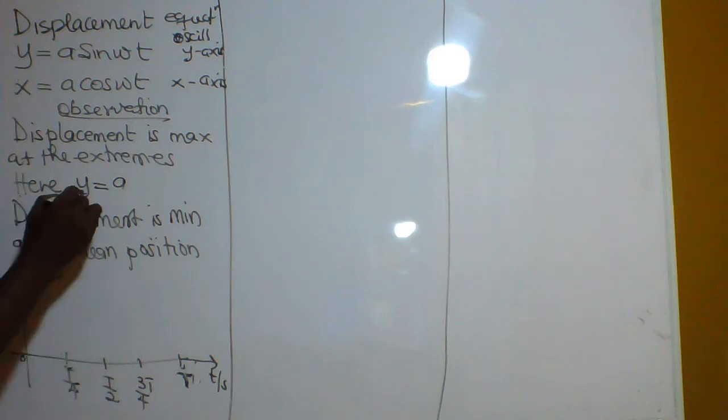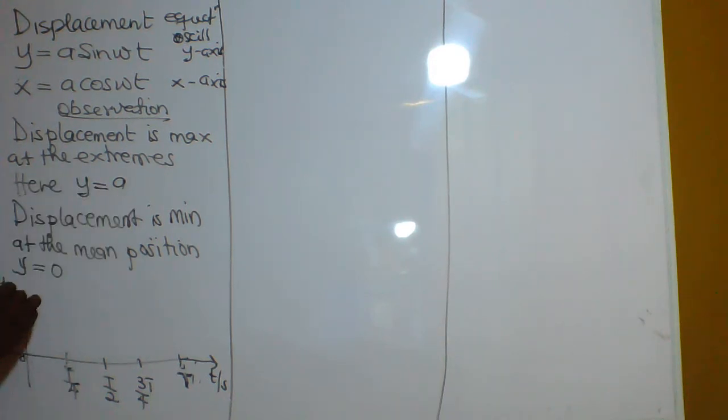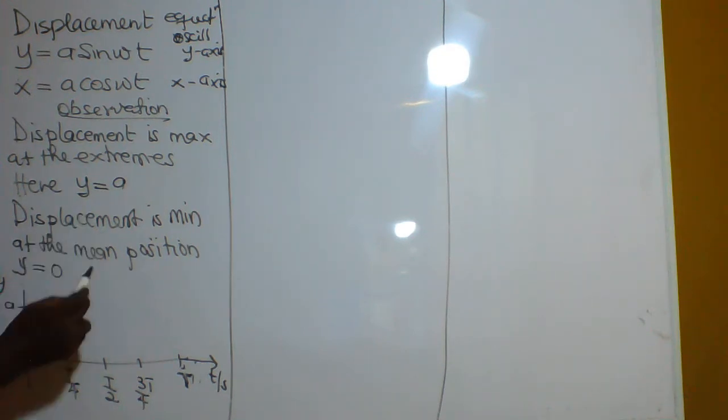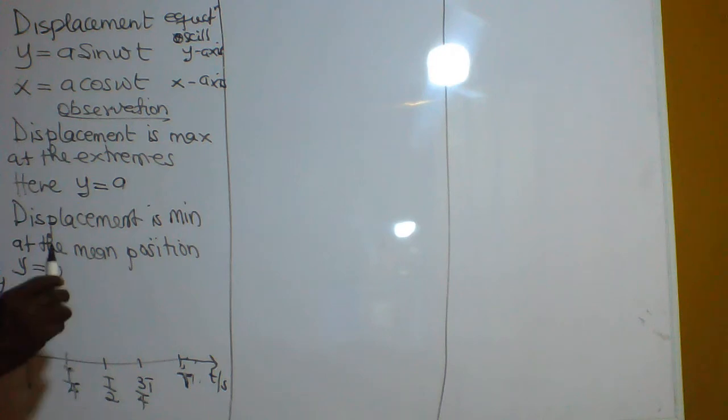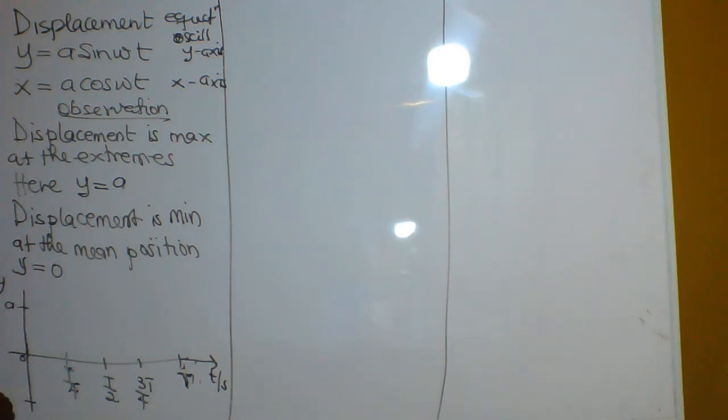Then our maximum displacement is the amplitude. So this is A. Since we have two different amplitudes, one up and one down, this is minus A. Now, at a time t is equal to 0, what is the displacement?